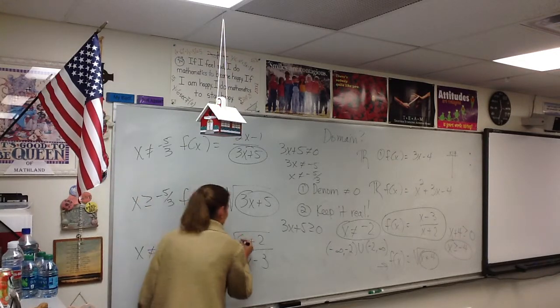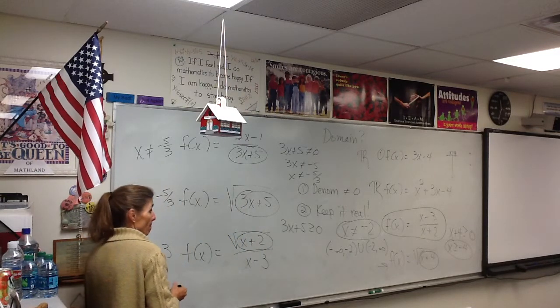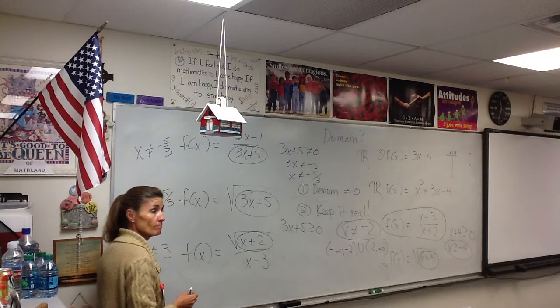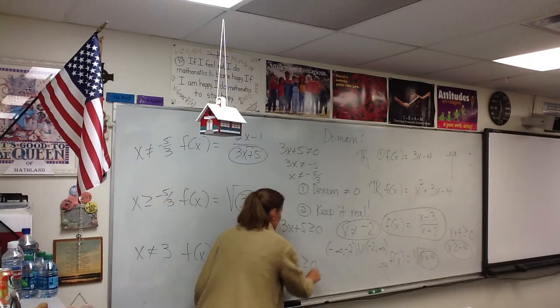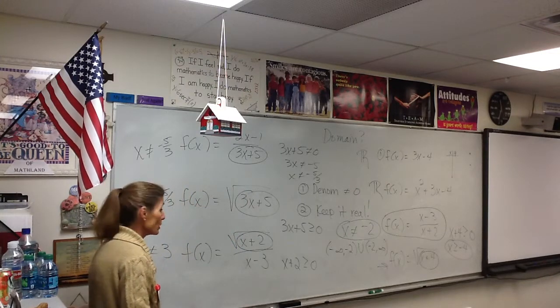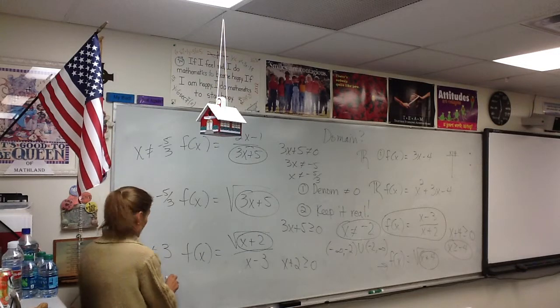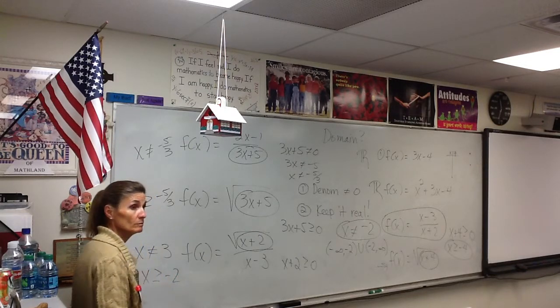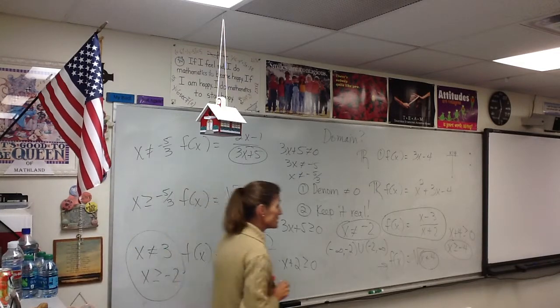What else can you tell me about x? Well, whatever is under the radical has to be positive, which means x has to be bigger than or equal to negative 2. And I am okay with you writing it that way.